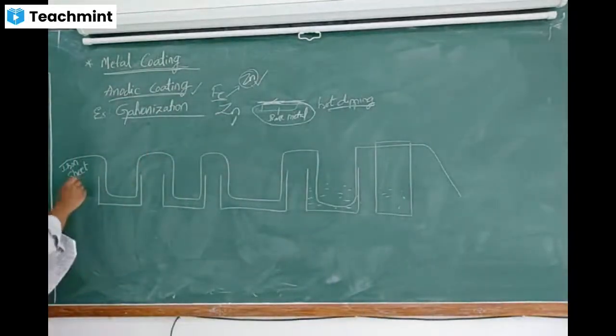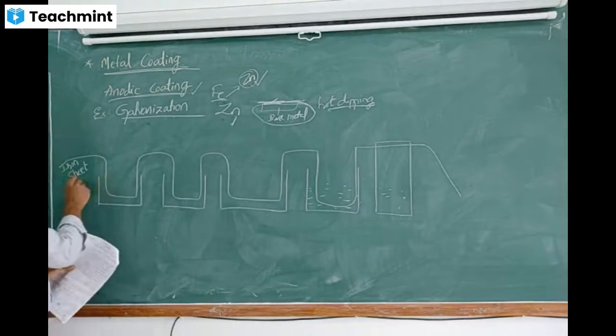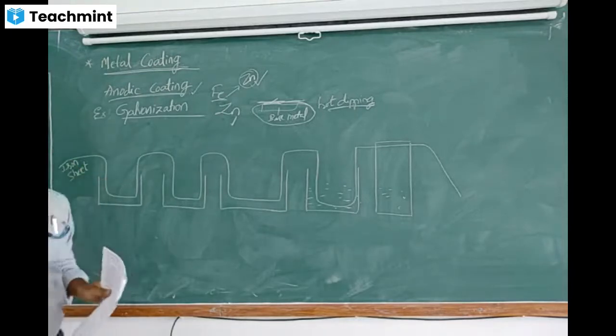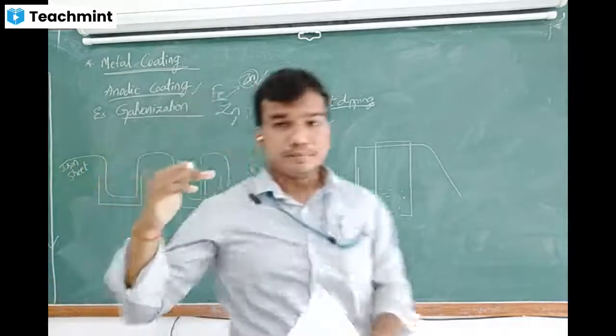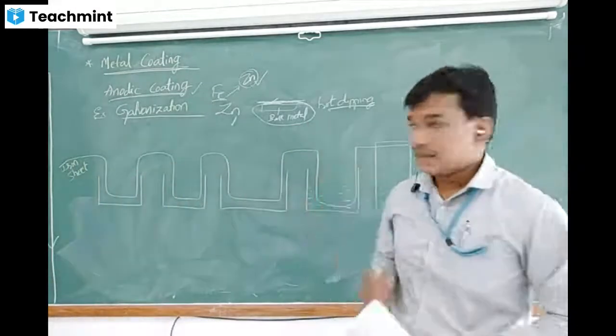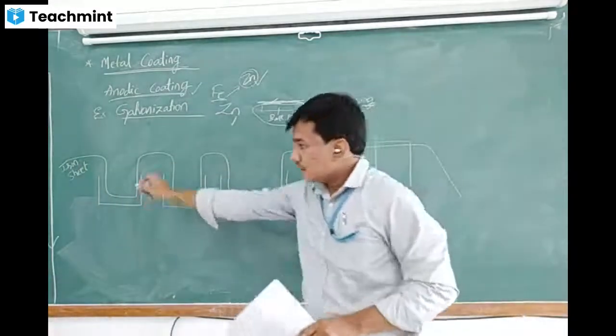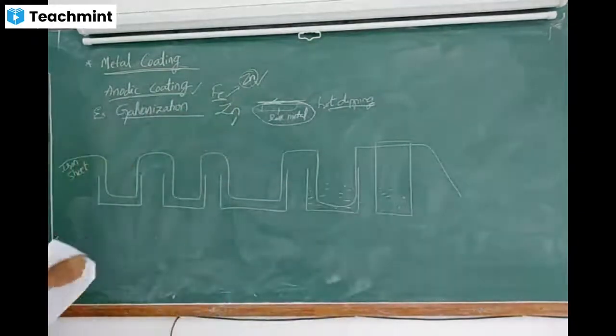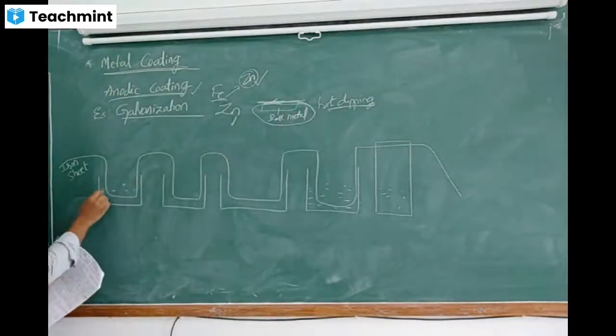Which metal do we want to coat? I have taken an iron sheet, like a roofing sheet for a shed.